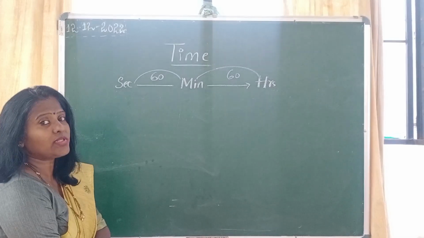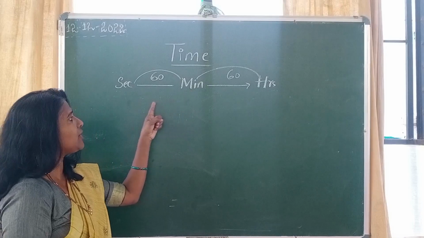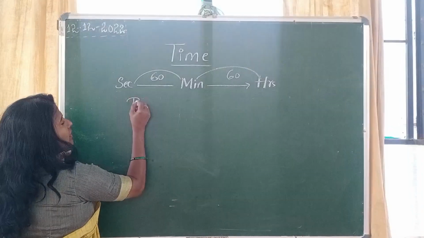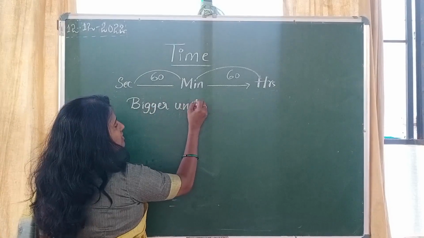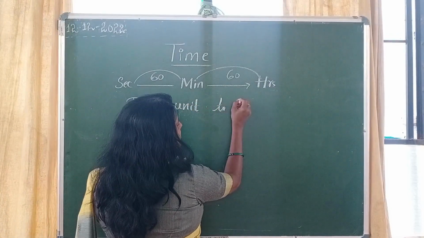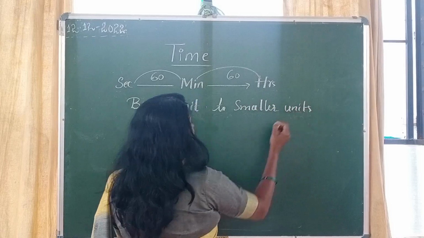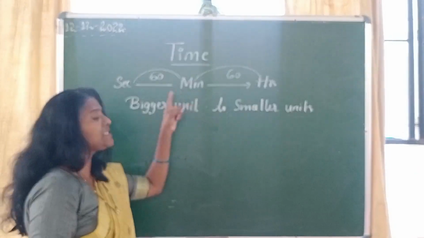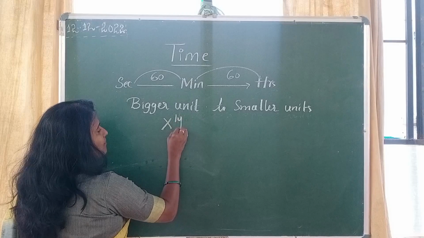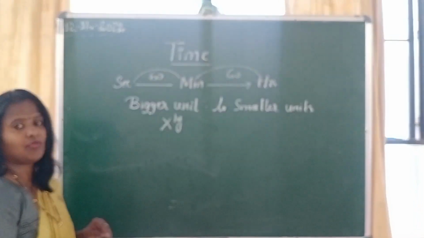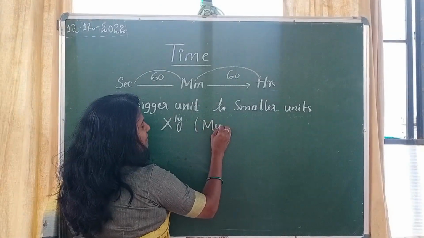But you should know that whenever you are converting a bigger unit to a smaller unit, for example minutes to seconds, then you have to multiply. If you want to convert bigger unit to smaller unit, you have to do multiplication.